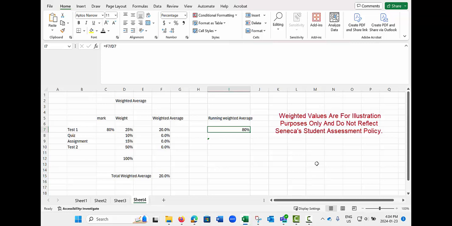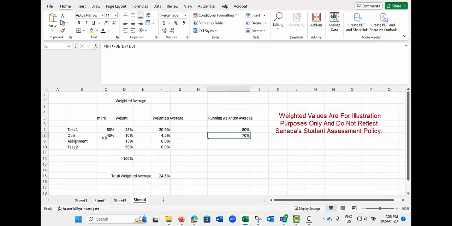So far, that's what your mark is, 80%. Once we start doing more assessments, then the marks start to get combined. Let's look at the quiz. Let's say we got 45 on that. Of the 10% available on that quiz, we managed to get 4.5% of it. So what did that do to our running weighted average? Well, it brought it down, but it didn't bring it down significantly.